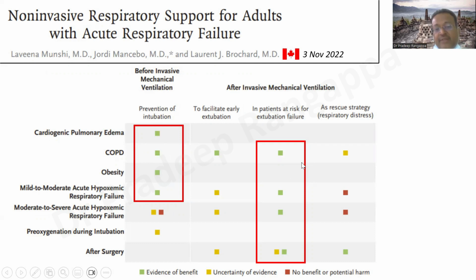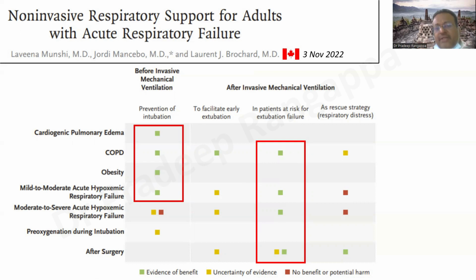And there is a strong recommendation that even after extubating the patient with COPD, one can give a trial of non-invasive ventilation, extubating to NIV, to prevent reintubation in patients at risk for extubation failure, which is very important and came out of this article.